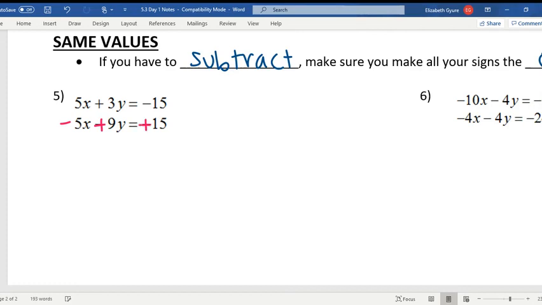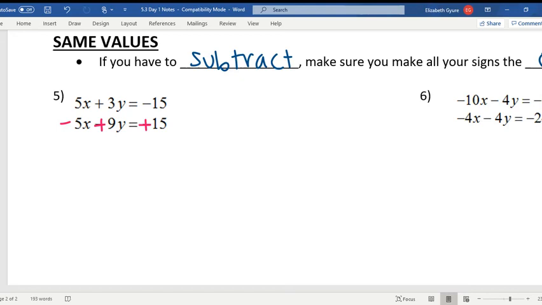Make it a positive. You basically want to reverse all your signs for one of them, okay? I always do it with the bottom one. So if you subtract, you got to make sure you make all your signs the opposite. I made the first one a negative, then switch the second one to a positive, switch the third one to a positive. Now, does this look the exact same as what we were doing before?